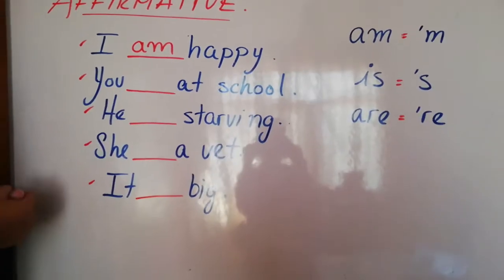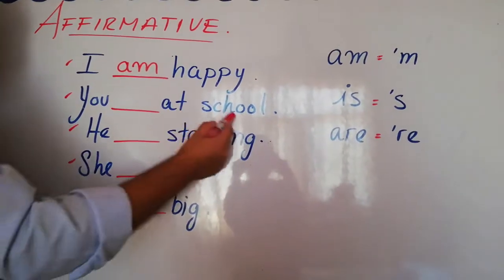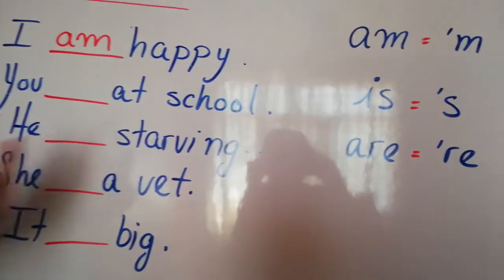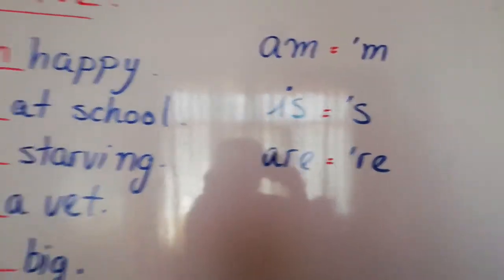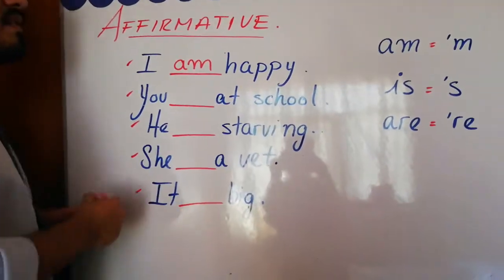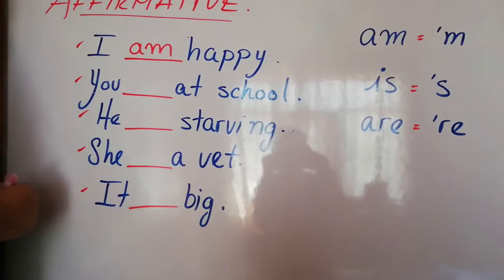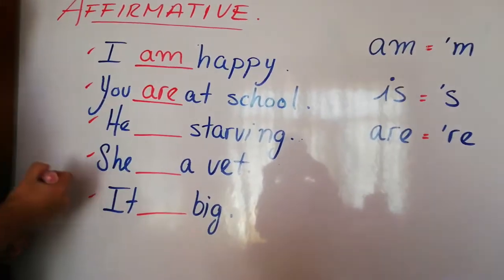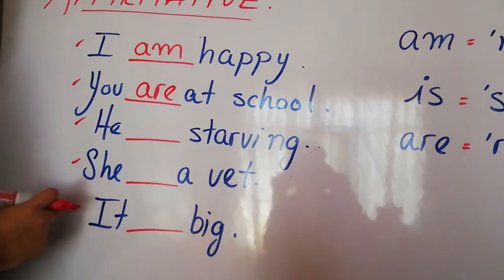Let's go with the next one. You at school. You, I'm talking with somebody. Okay? You at school. What is gonna be the correct verb be? Here in this case is gonna be are. You are at school.